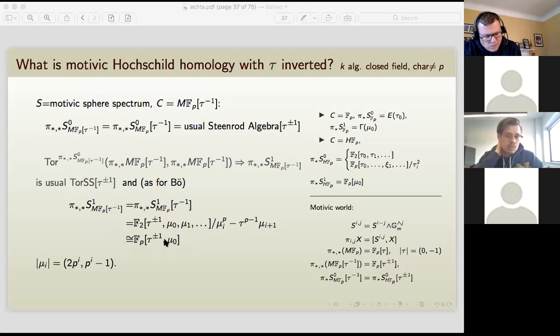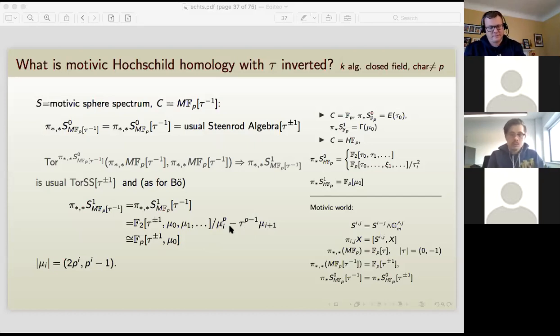But perhaps it's wise to stop for a moment and see what actually is going on here, because Bökstedt had extensions that said that mu I to the pth is equal to mu I plus 1. But here, for weight considerations, the correct formula is not that mu I to the p is equal to mu I plus 1, but times tau to the p minus first.